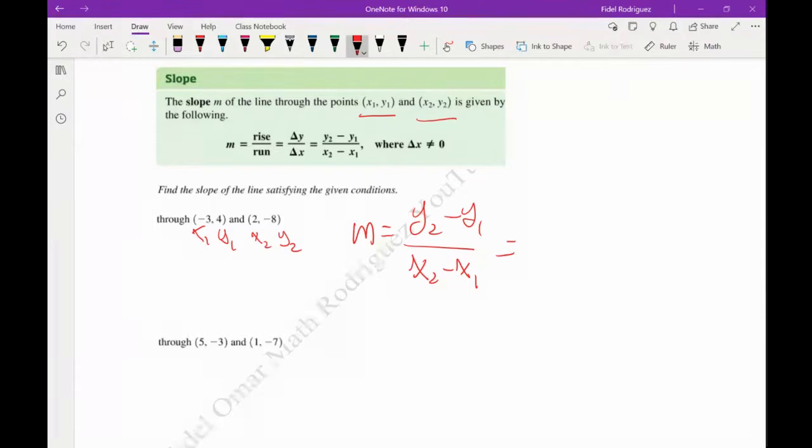So let's see, y2 is this number, -8, minus y1, which is 4, over x2, which is 2, minus x1, which is a -3.